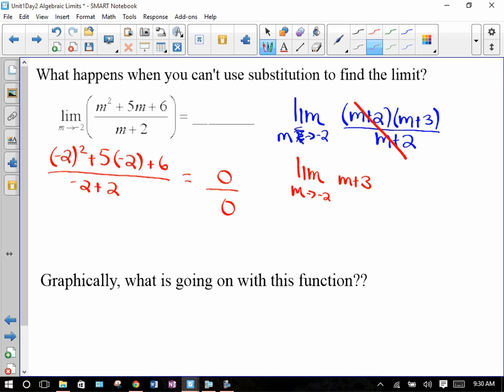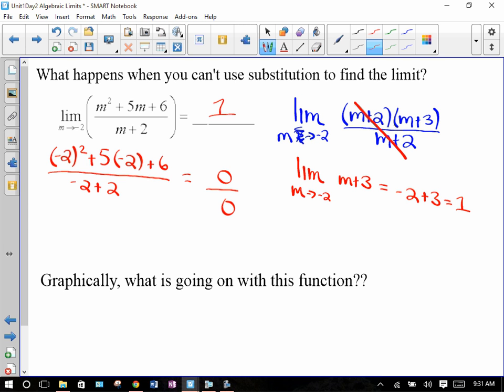And then what would I do now with the -2? I'm going to plug it in and add it to 3, so I have -2 plus 3, which is equal to 1. So the limit of this is 1.